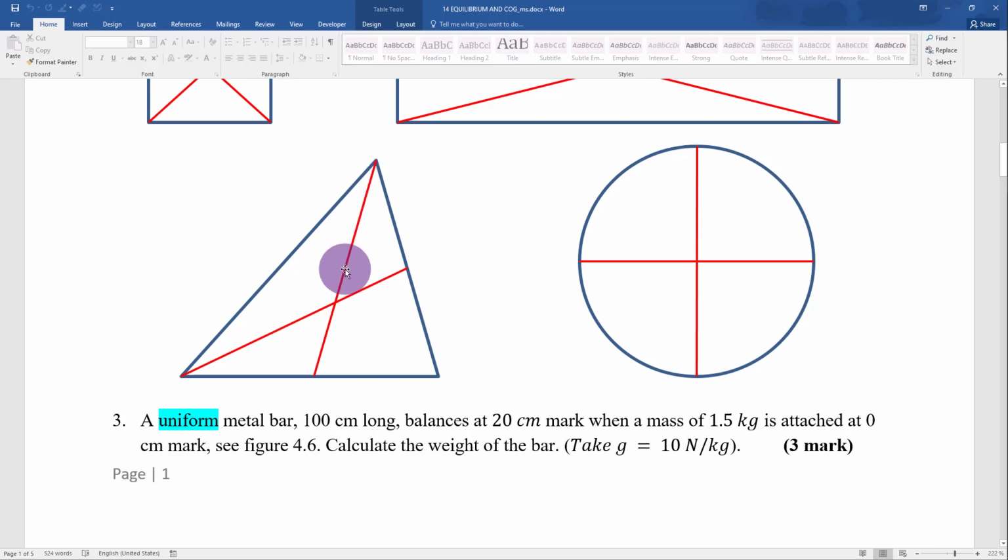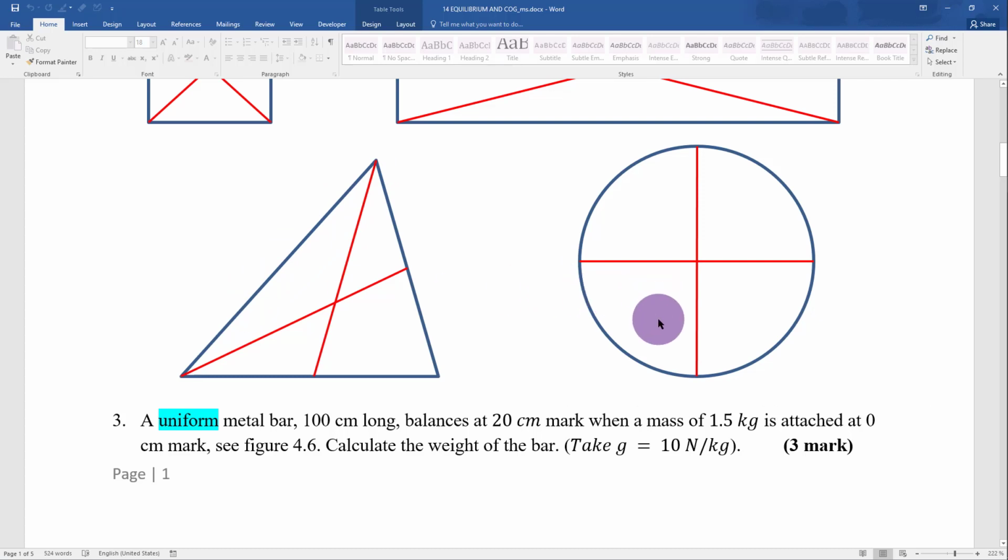You'll find that you have already identified the center of gravity of the object at this point. And if you want to verify that this is the center of gravity of this object, just draw a line from this apex passing through this point. The point it touches on the opposite line, you'll find that that line also divides this line by 2.